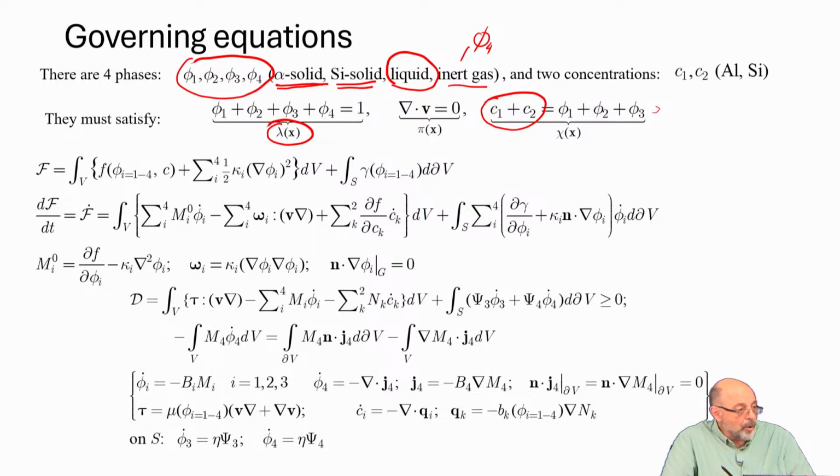I have only 2 components, aluminum and silicon, so the concentration C1 plus C2 will add up to 1 in phases 1, 2, and 3, but will be 0 in phase 4. So in gas, when phi4 equals 1, those 3 guys are 0, right?